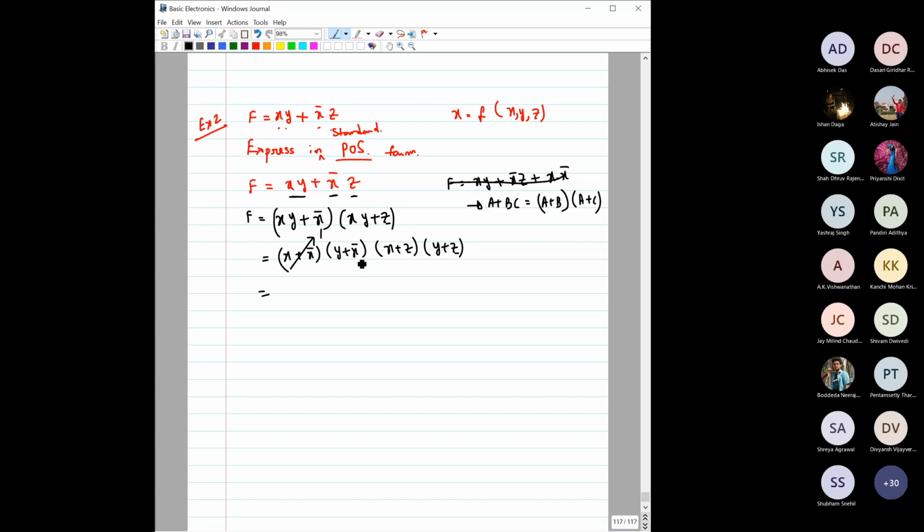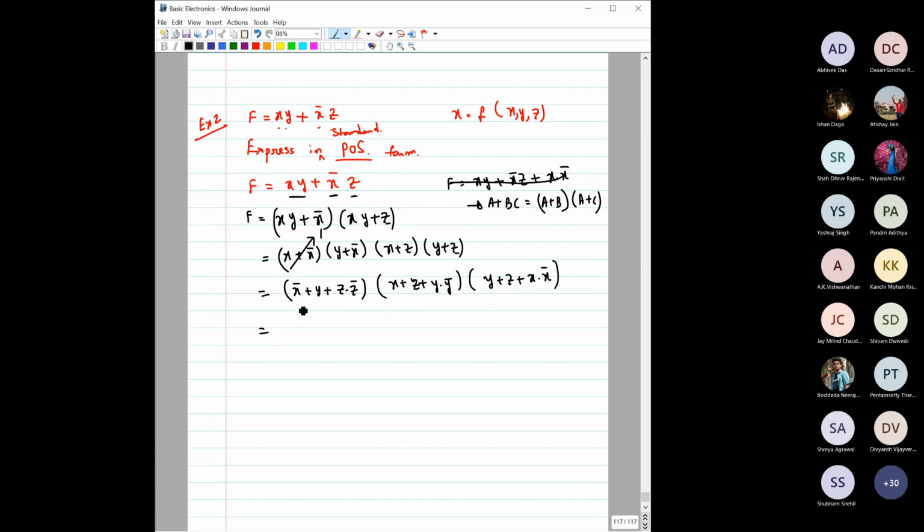But for this function, this x bar y, we can obviously add this z bar. Here z, we can add y bar, and here y plus z, here we can add x bar, right?